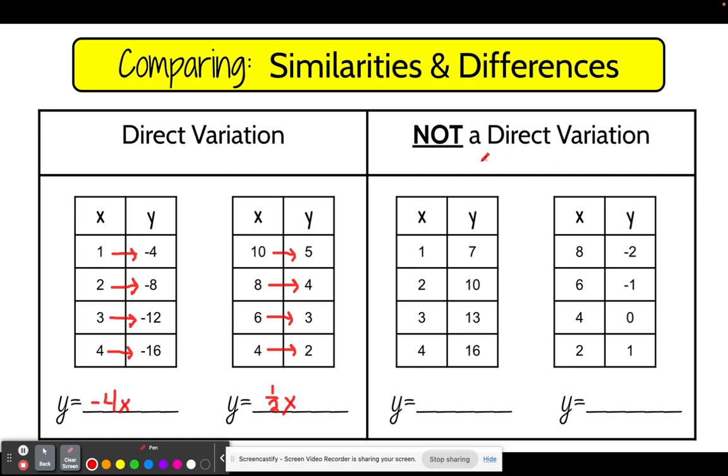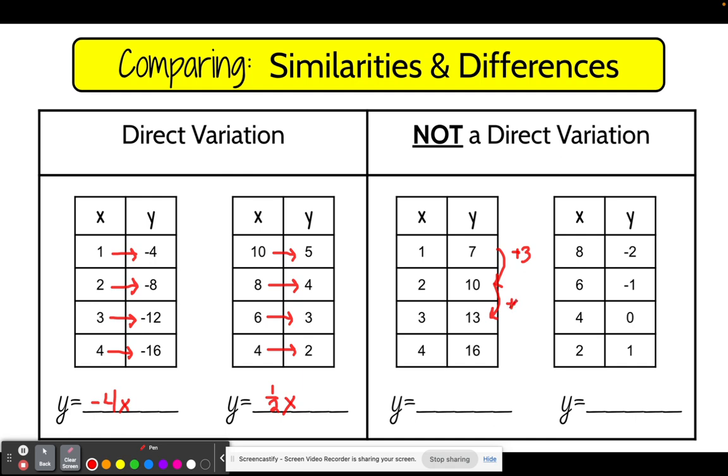Now let's compare that to one here that's not a direct variation. Here I cannot look across the table. I can go from here to here and see that I am adding 3 each time. So this is a linear equation, but it is not a direct variation.